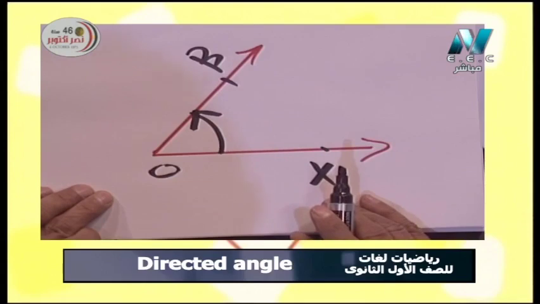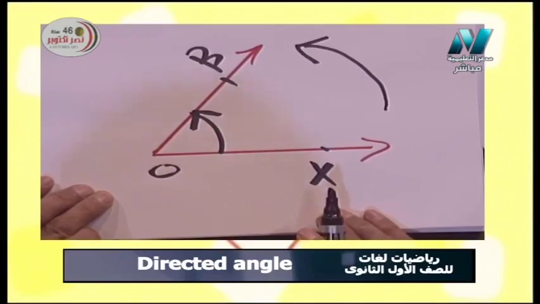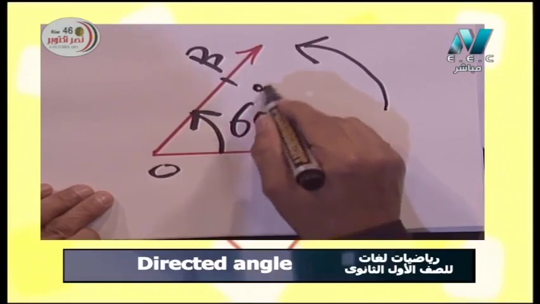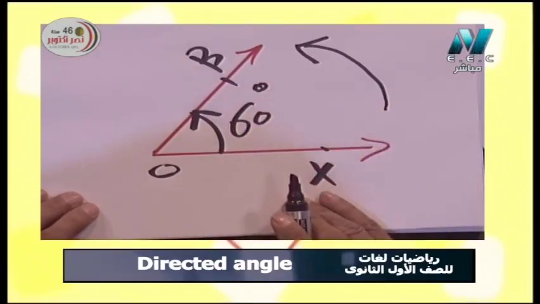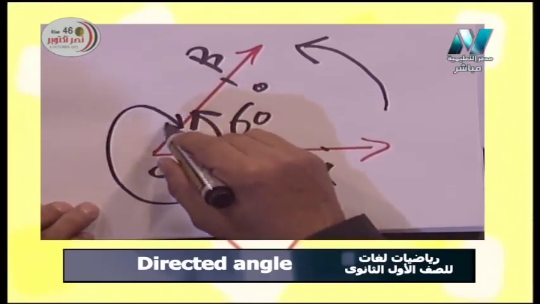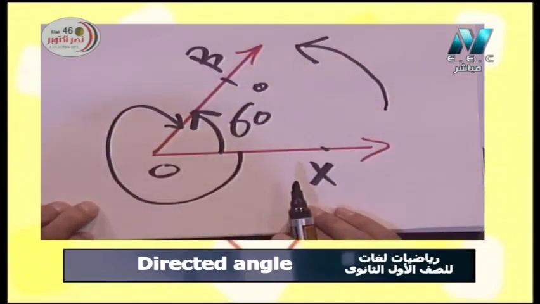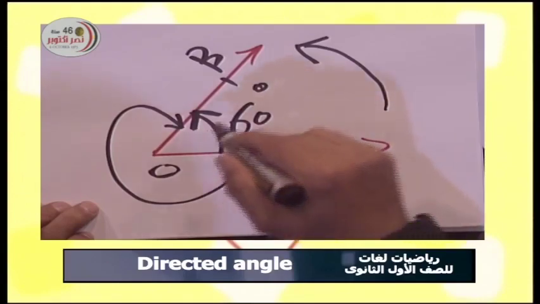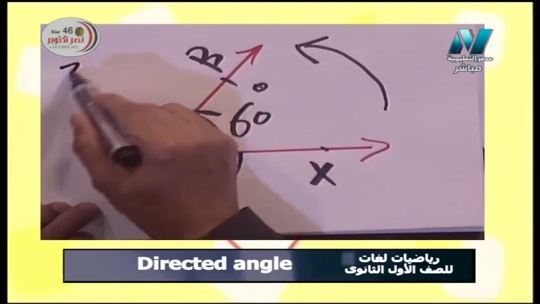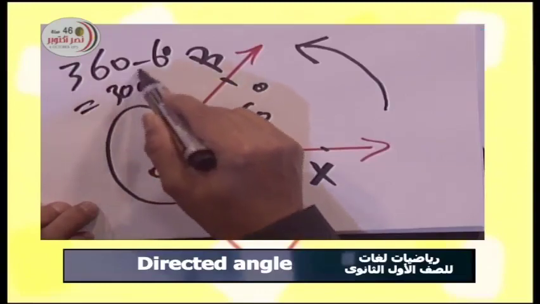Yes, it is positive because it is anti-clockwise direction, like that. If this angle is 60 degrees, then we have another angle which is equivalent to it. This circle equals 360 degrees. When we subtract 360 minus 60, it equals 300 degrees.